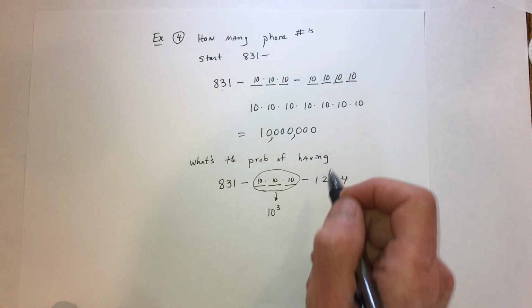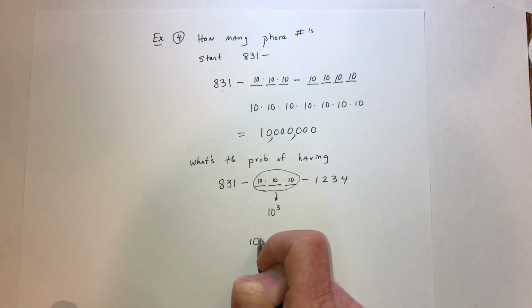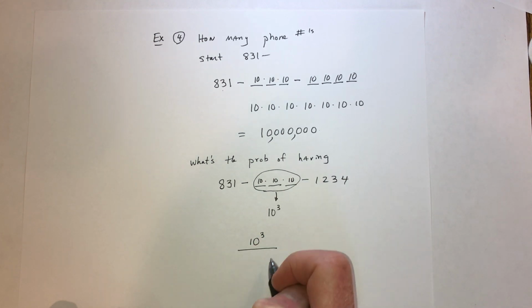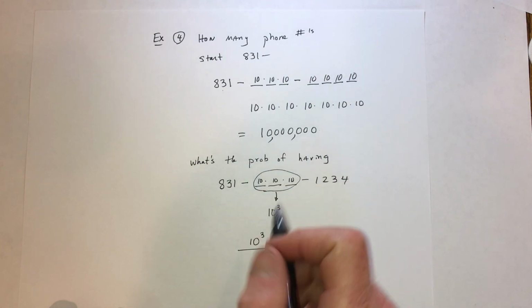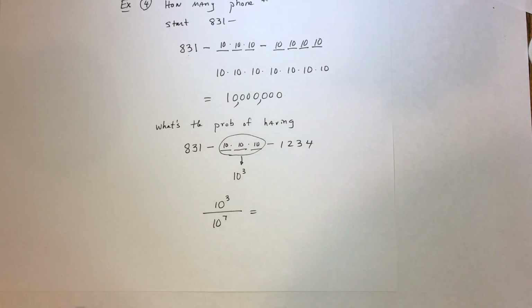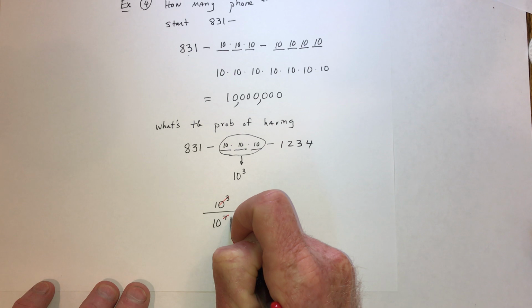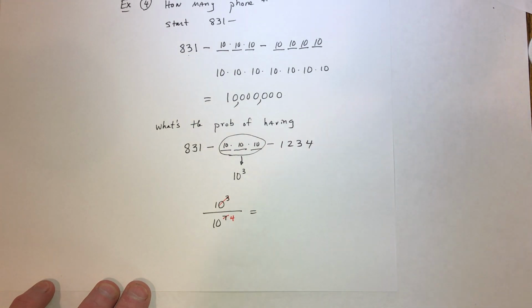So the answer to the question is, the probability of having that is going to be, we got 10 to the 3 that are like that, and then this was 10 to the 7. And then you could reduce that by saying 3 of these are going to cancel 3 of these, which would leave 4.